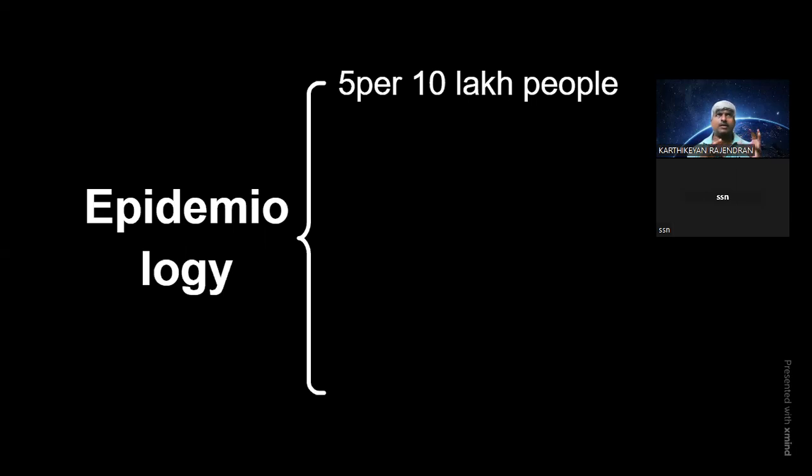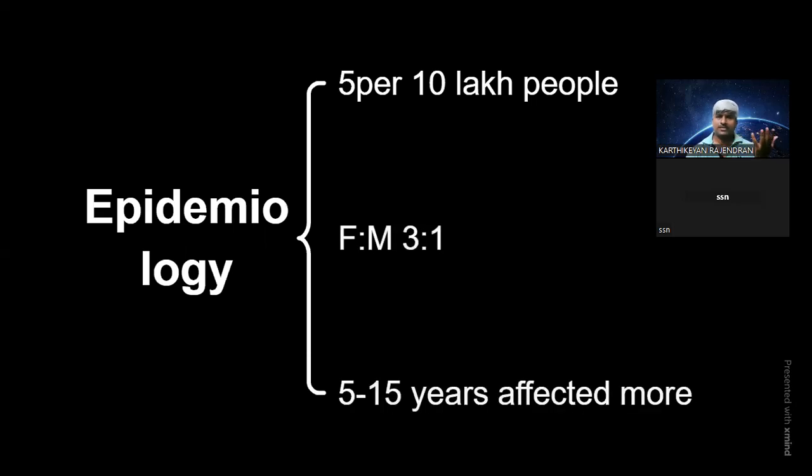The most affected age group is 10 years. The age varies between 5 to 15 years, and the disease progresses for 1 to 2 years. After that, there is a halt of the disease, and it will not progress. So this is the specific feature of hemifacial atrophy.